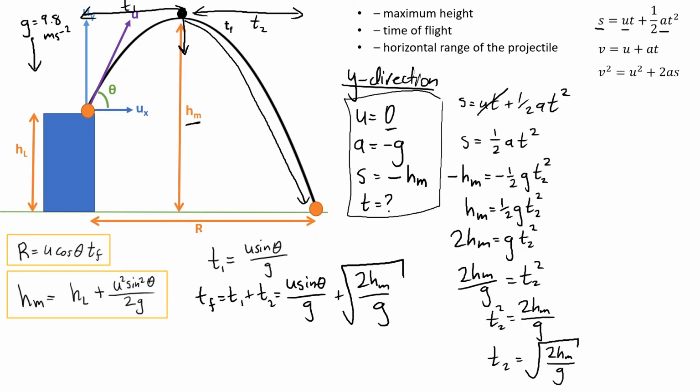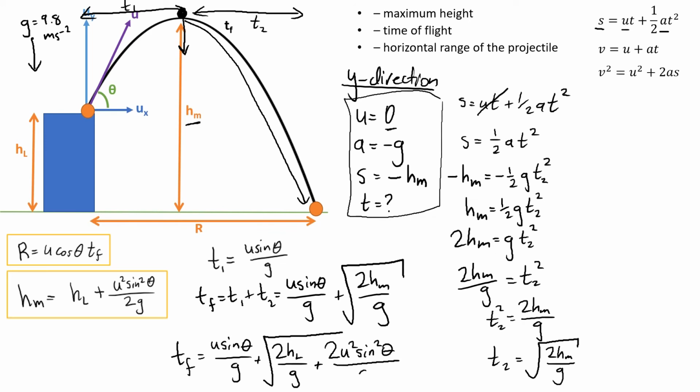Of course, we can write this in the expanded form as well. So tf is equal to u sine theta on g plus the square root of 2hl on g plus 2u squared sine squared theta on g squared, 2g squared.